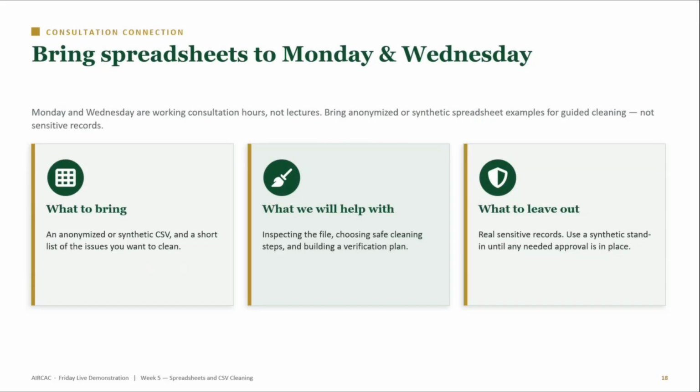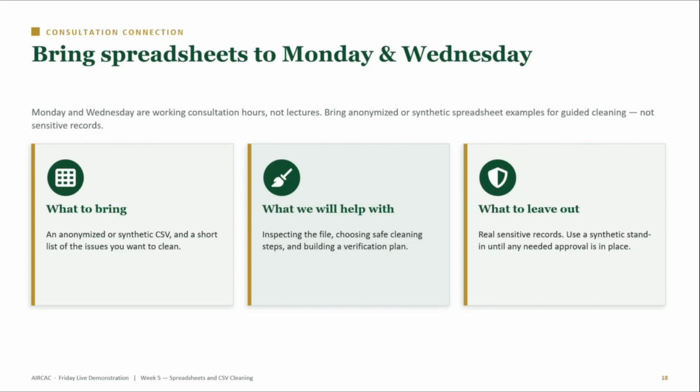So for next Monday and Wednesday, bring your anonymized or synthetic CSV that you generated. Inspecting the file, choosing safe cleaning steps, and building a verification plan, if you seek help. What to leave out: real sensitive records, don't bring them.